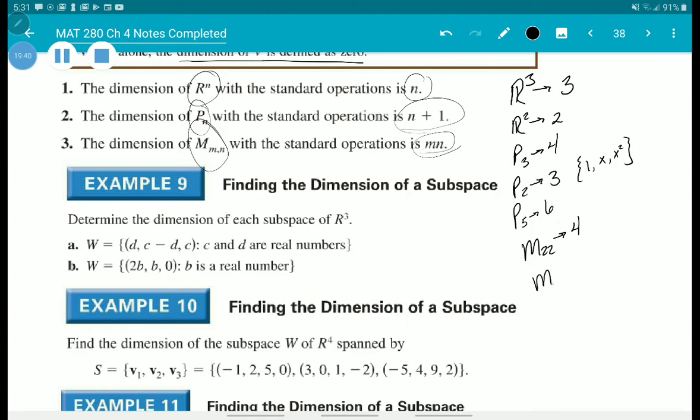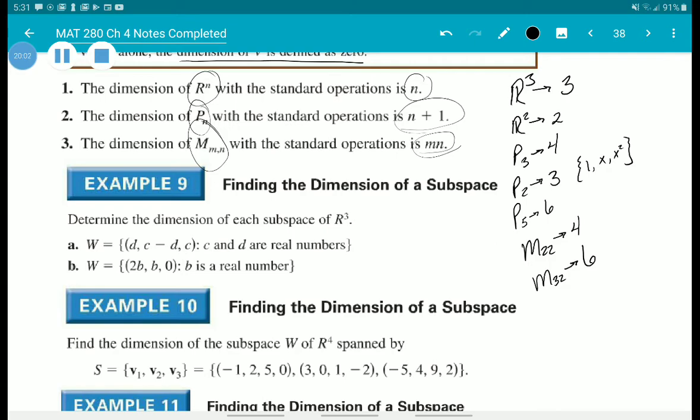So if I wanted M32, the dimension would be 6. So the dimension is really coming from what's that simplest vector, what's the simplest basis that would span that vector space.